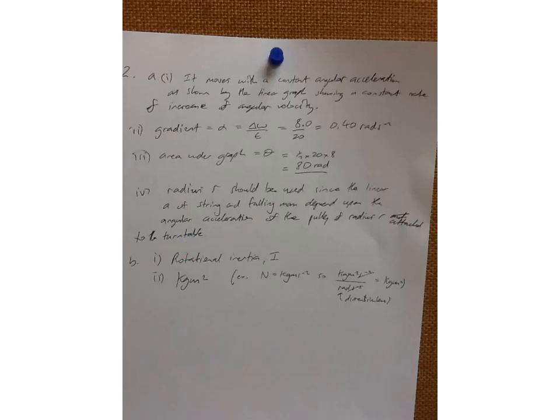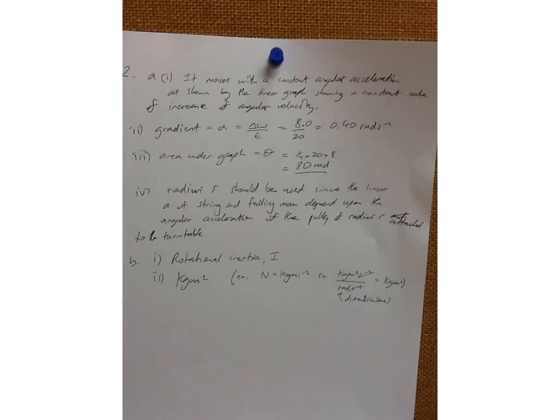And you could carry on to say that the turntable altogether will have a rotational inertia I, just to make sure of your answer, which will determine the size of the angular acceleration that is possible, and hence the linear acceleration of the mass.